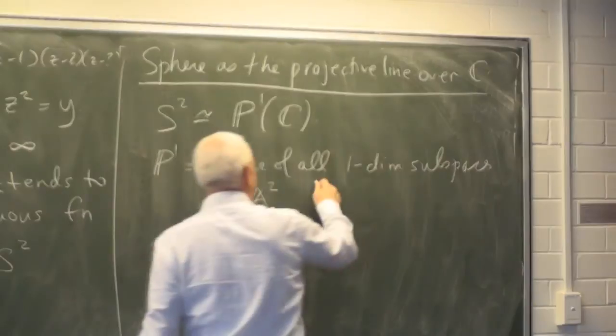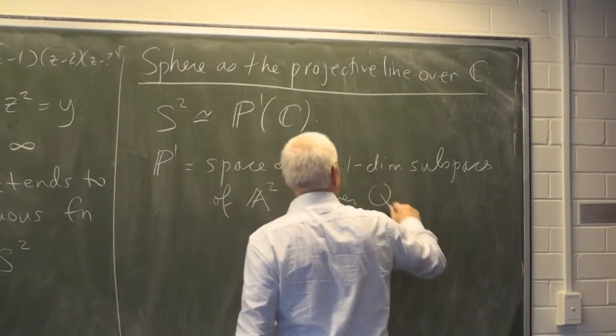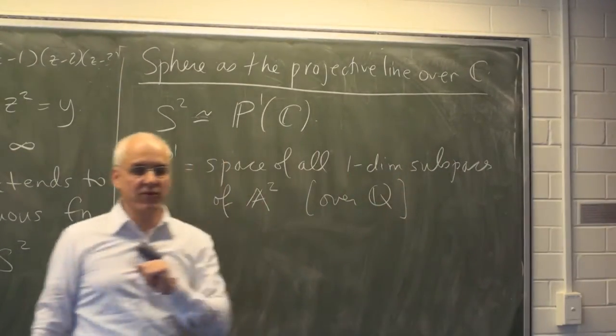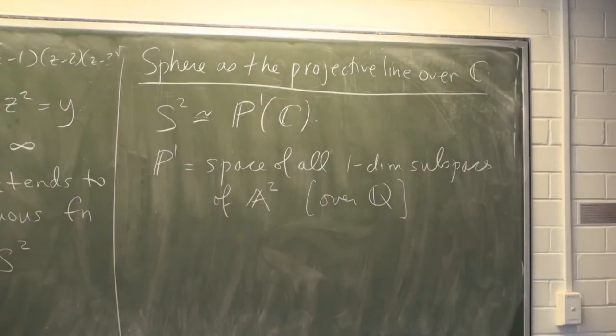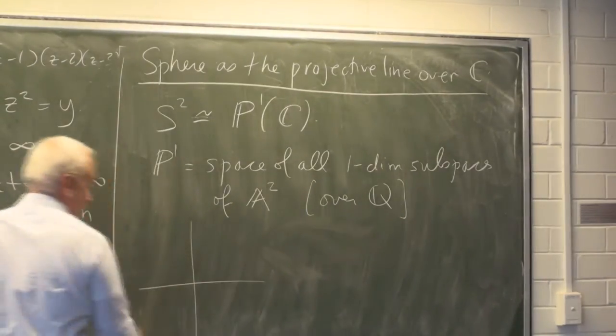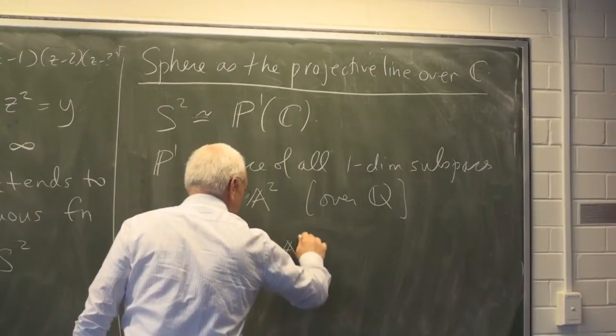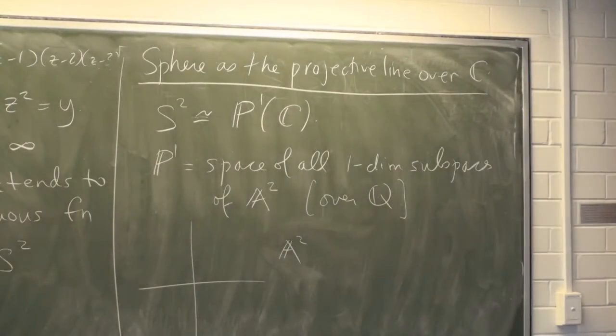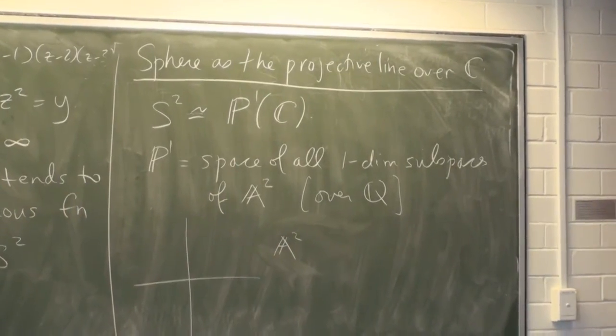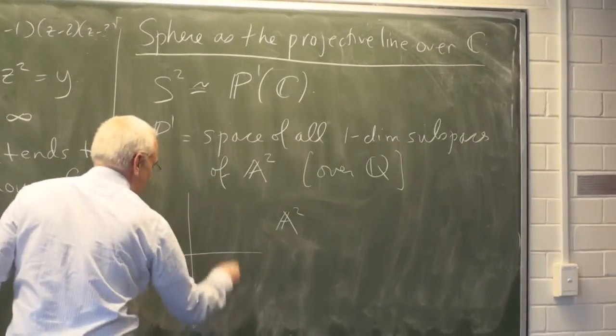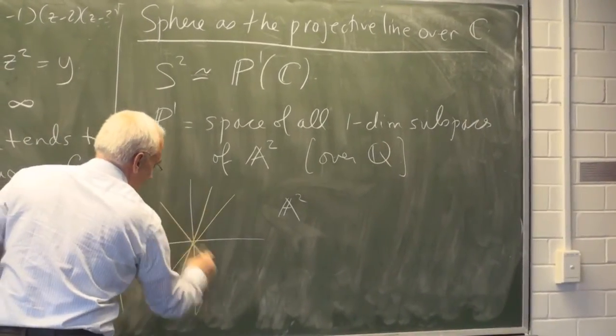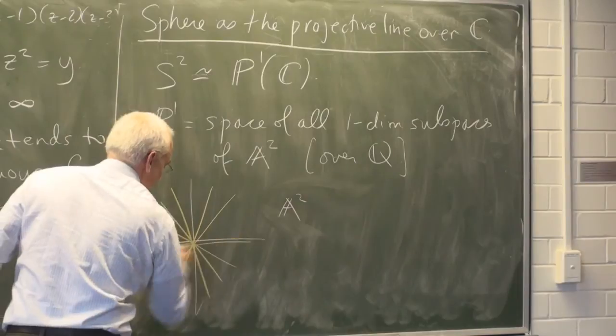Although I didn't say it, we were really working over the real numbers, or I prefer over the rational numbers. And the picture that we had is we were working in A2, our two-dimensional plane. All the one-dimensional subspaces form this pattern of a bouquet of lines through the origin.